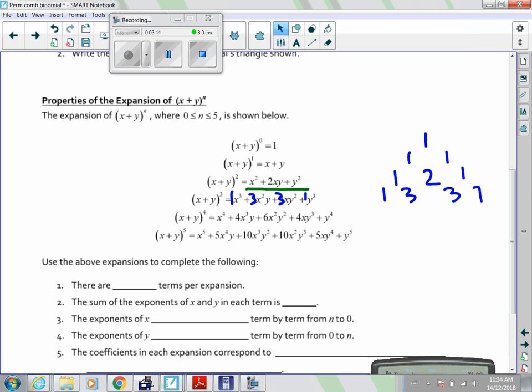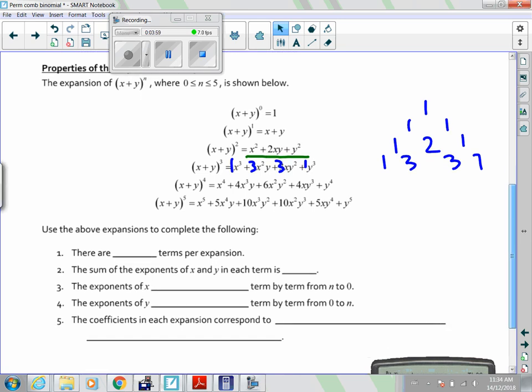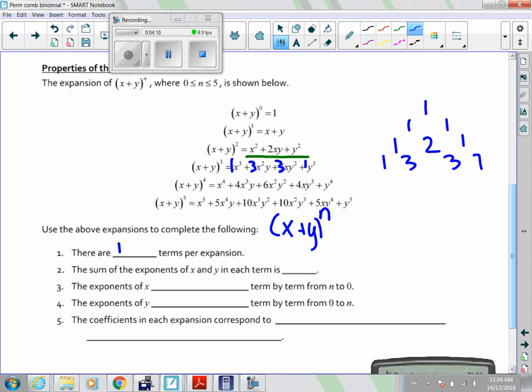Now, those are super useful patterns to note, but we wouldn't always do it this way. We wouldn't have to work through that. So, in this pattern, the things that we want to be able to spot are, there is always one more term than the exponent. So if I was exponentiating (x plus y) to the n, there are always going to be n plus 1 terms.